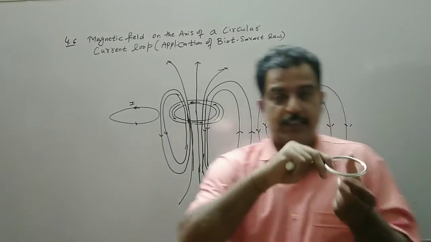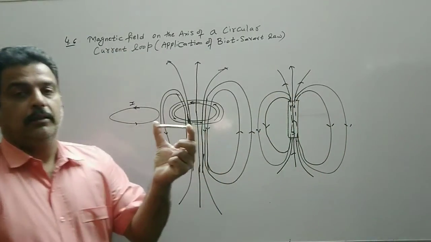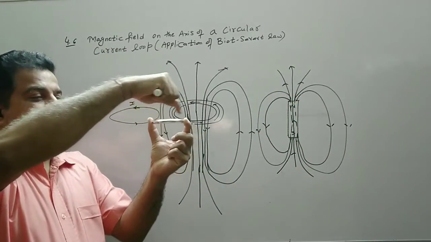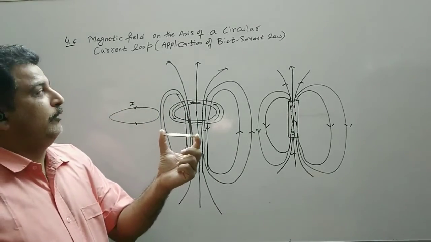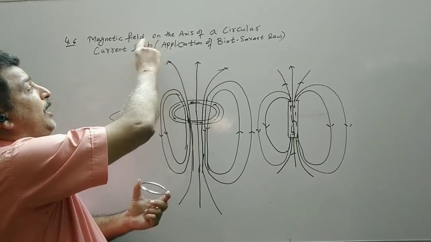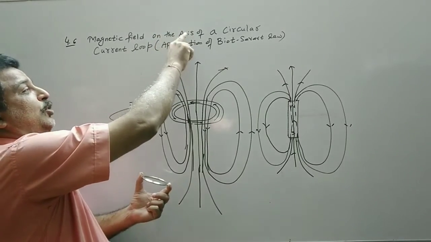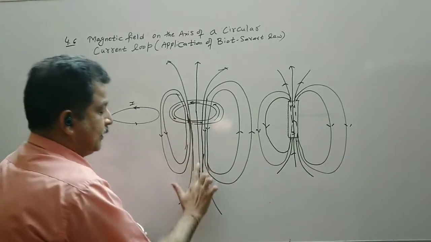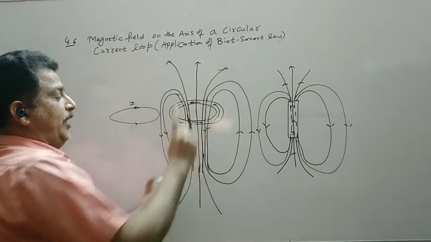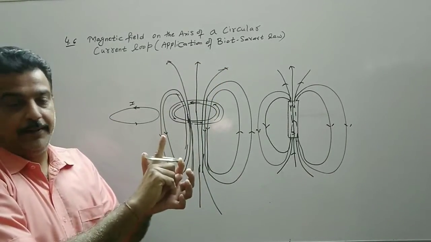So instead of this ring, the current is flowing like this in an anti-clockwise direction. If I have to find out only the direction of the magnetic field on its axis, on its axis the magnetic field is perpendicular to this ring.